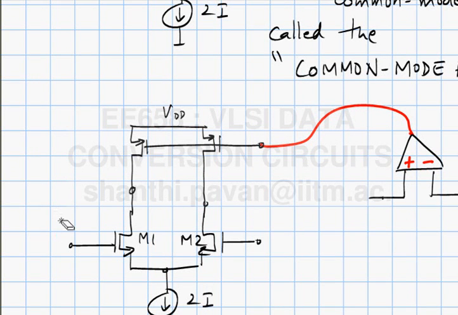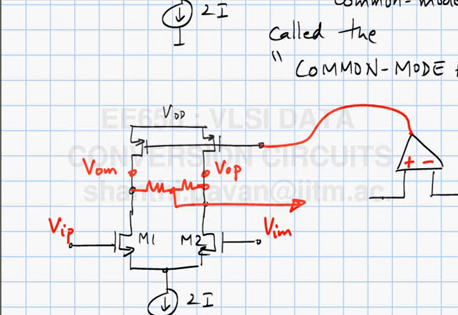So if this was VIP, VIM, VOP and VOM, to find the average, a simple thing to do is put two resistors like this, and this should give me VCM. This is one simple cheap way of measuring the output common mode and tweaking the top current sources such that they exactly equal the tail current.